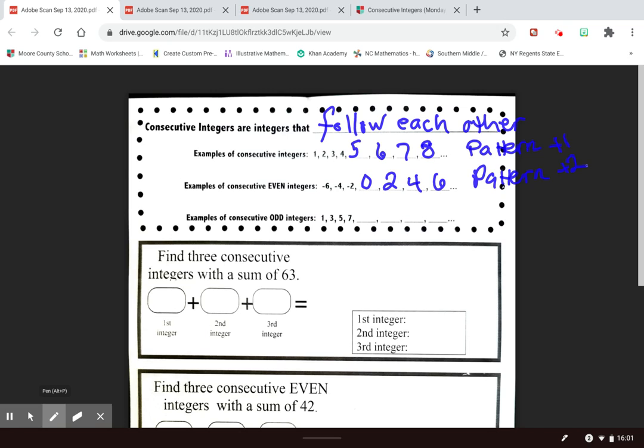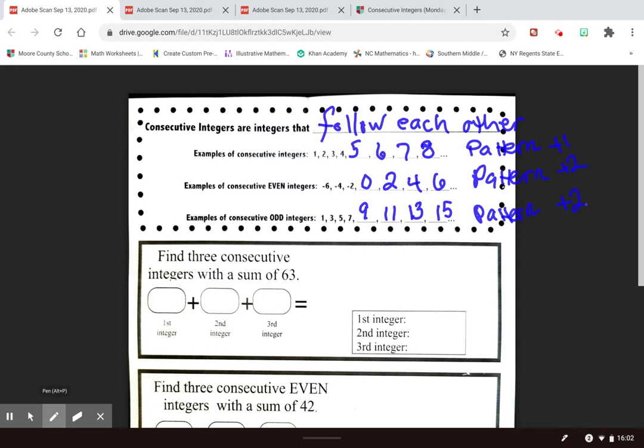Okay? Same thing with consecutive odd integers. I count 1, 3, 5, 7. So then I'm going to have 9, 11, 13, and 15. And again, my pattern is plus 2.